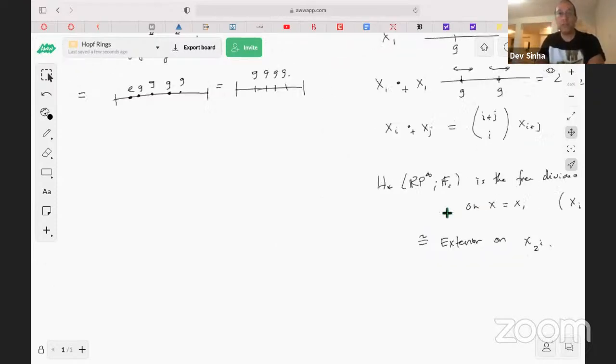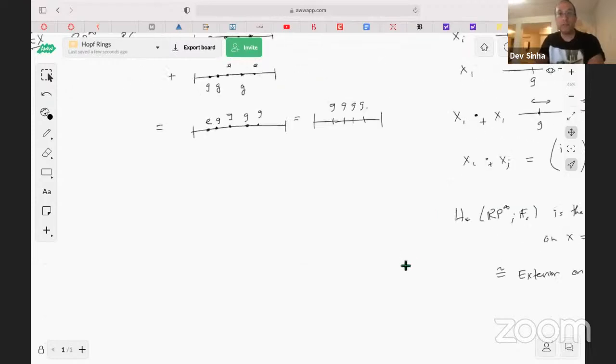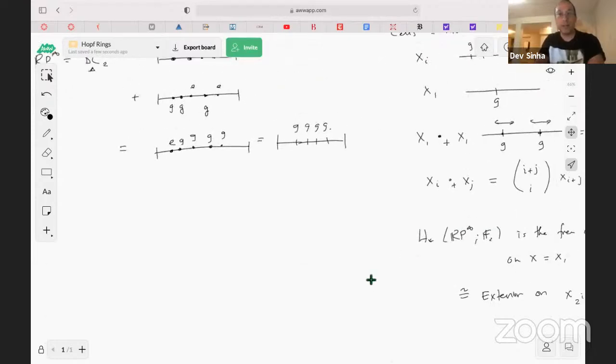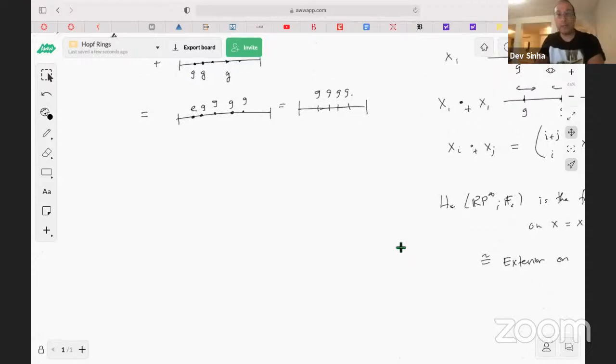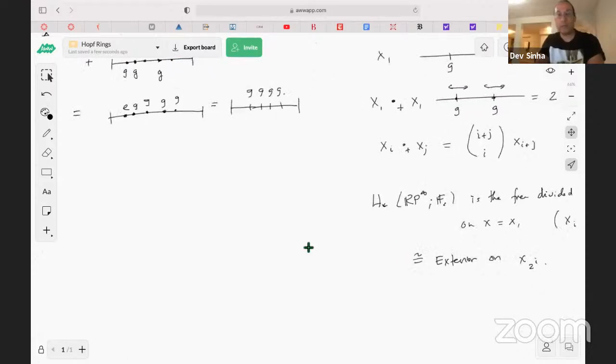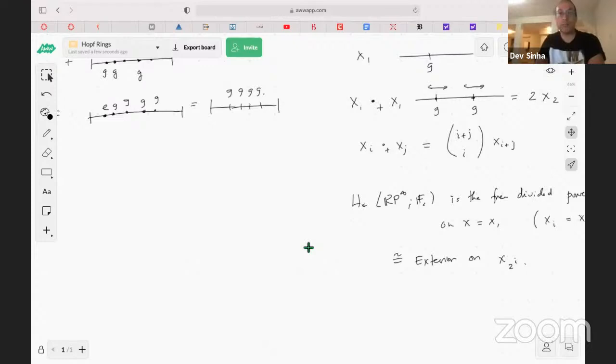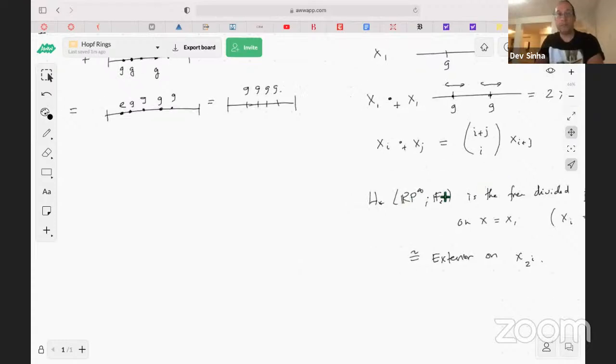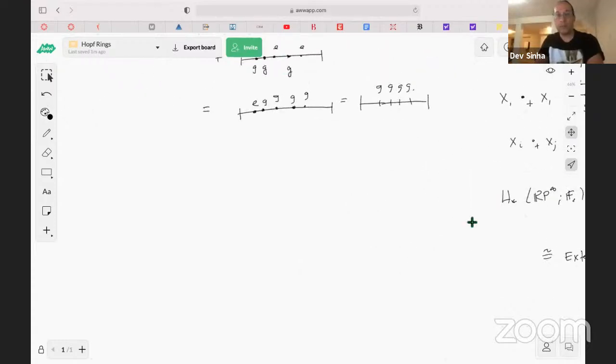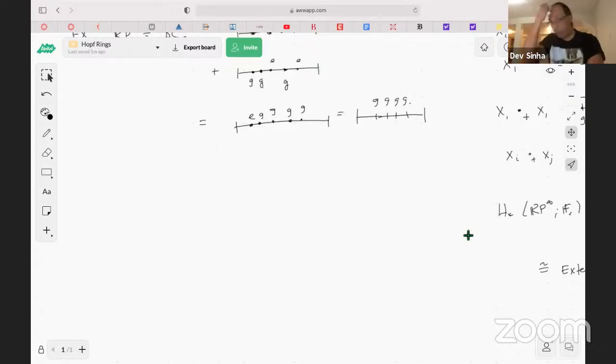So with this additional structure, I haven't defined a divided powers algebra, but this formula for xi times xj is sort of basic.